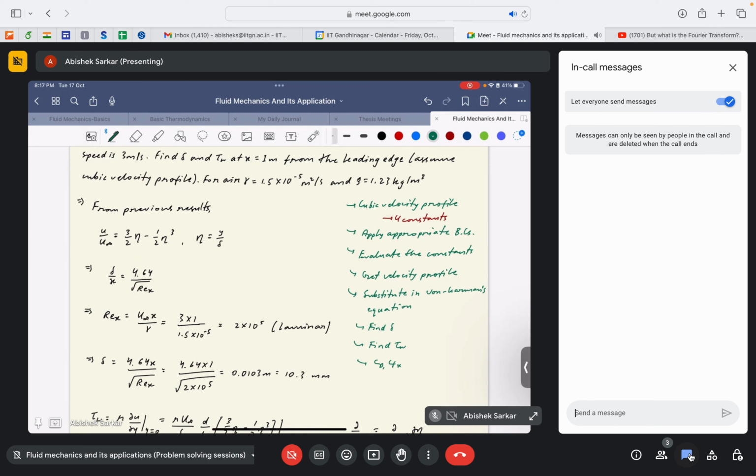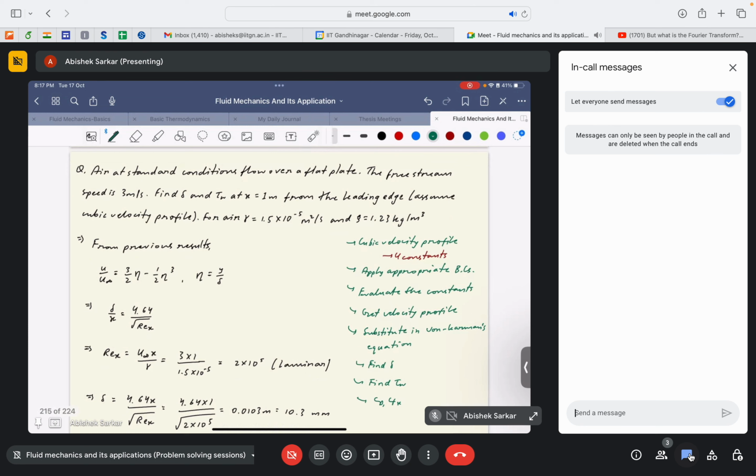This is exactly what we had to do, but since we have already solved for a cubic velocity profile earlier in this session, I will just use it.